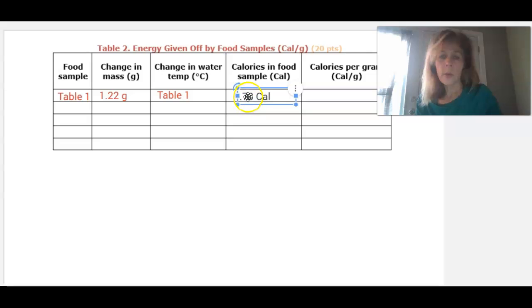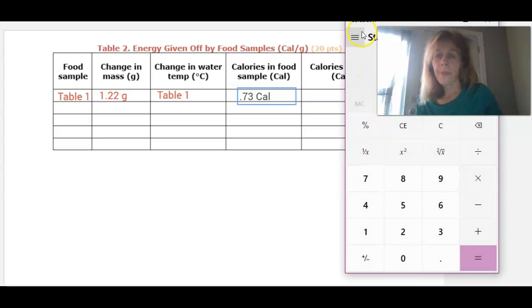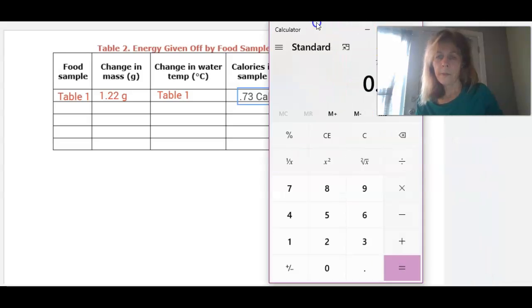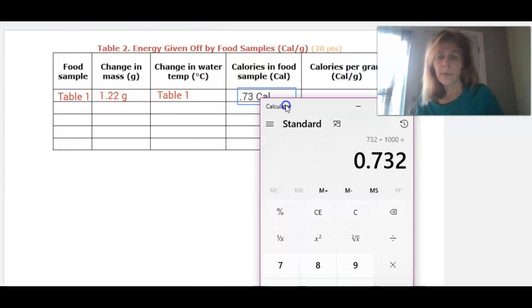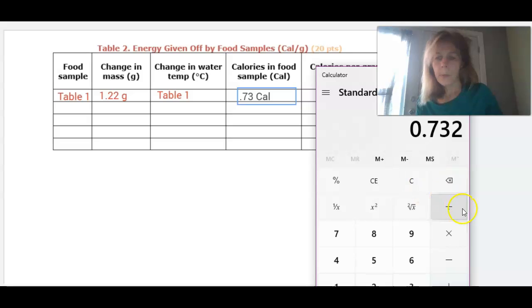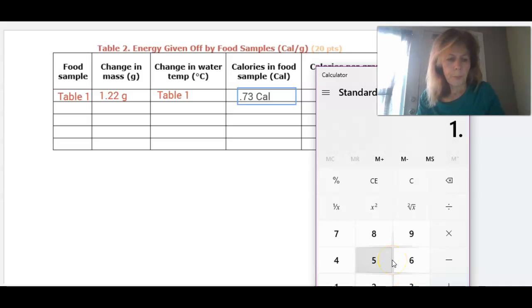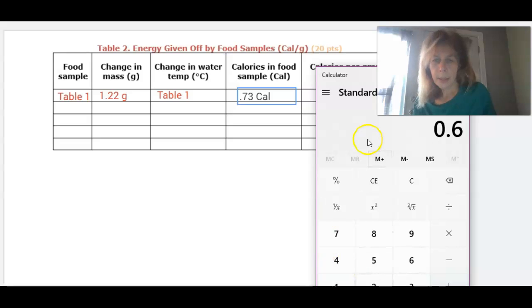It's calories, which is this column, divided by your change in mass, which is this column. So I would take 0.73 and divide that by 1.22. Okay, and that gives me 0.6.